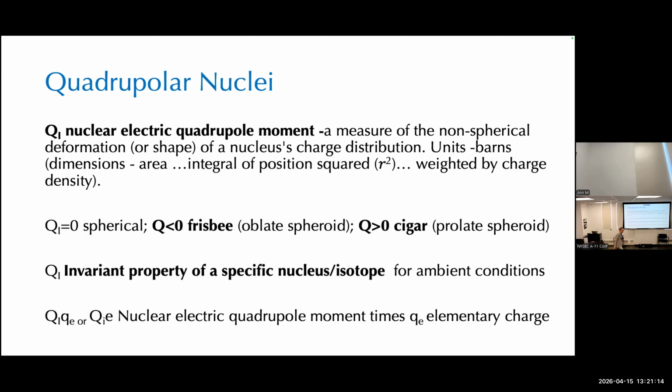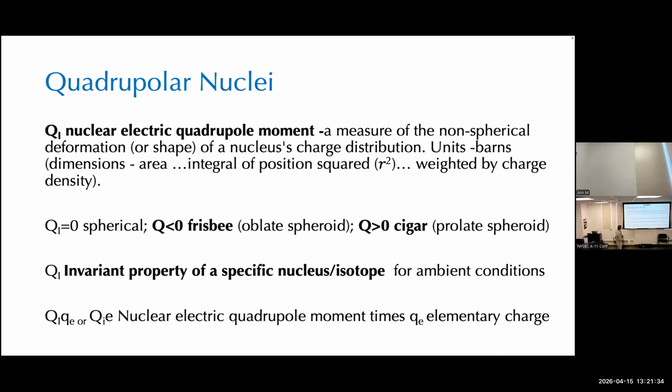The most important thing to remember about Q is it's an invariant property of that nucleus. I don't care what chemical compound it's in. Under ambient conditions of reasonable pressures and temperatures, Q is just, like gamma, think of it like gamma, a property of that nucleus.